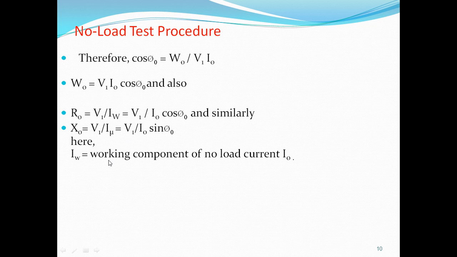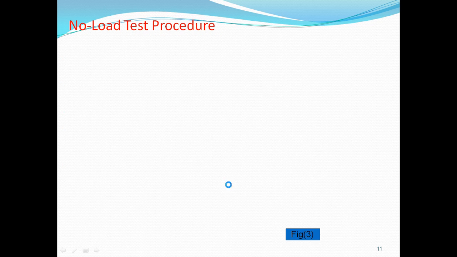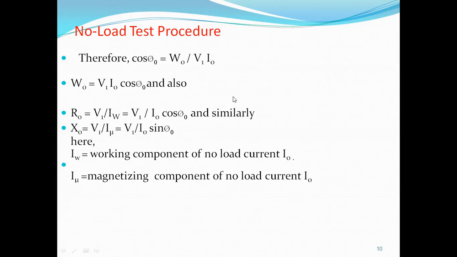Hence, IW is the working component of the no load current I naught and I mu is the magnetizing component of the no load current I naught. Note down these values. These are important when we are doing problems on the no load test as well as the circuit diagram. For drawing the circuit diagram, it is required.